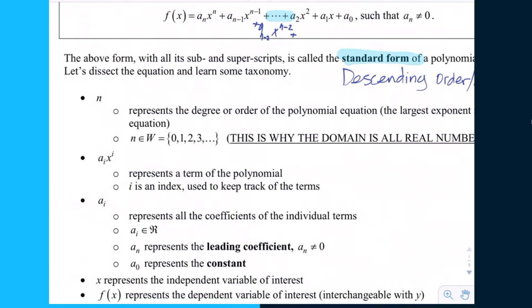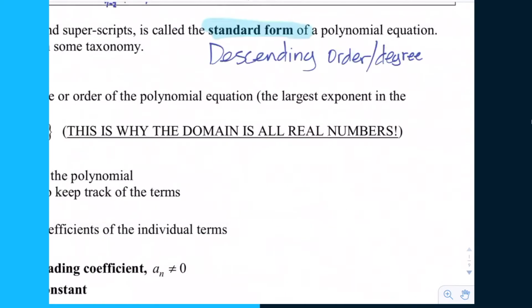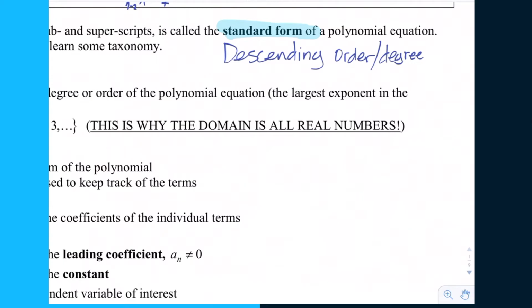Now, here's a little note. Because the exponents are whole numbers, that is why the domain is all real numbers. And it's underlined and it's all caps, which means it must be important. Does anyone understand why that makes the domain all real numbers if we have whole number exponents?